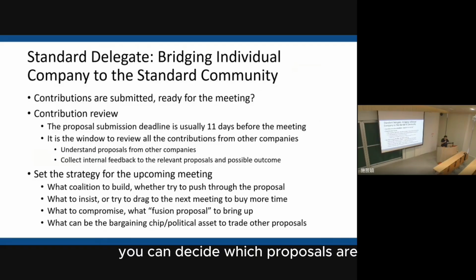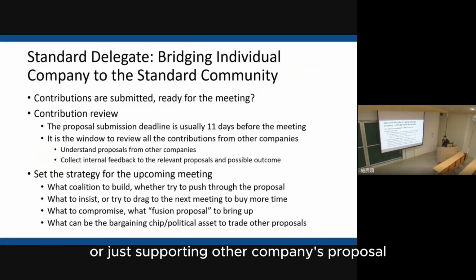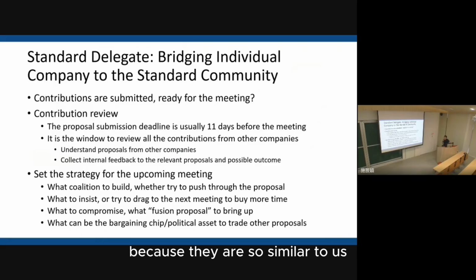Looking at these, you can decide which proposals are very likely to go through. That's the proposals that your proposal is not very different from many other companies' proposals, and with your proposal or some changes to accommodate other companies, or just supporting other companies' proposal because they are so similar to us, and all these are the possible approaches.